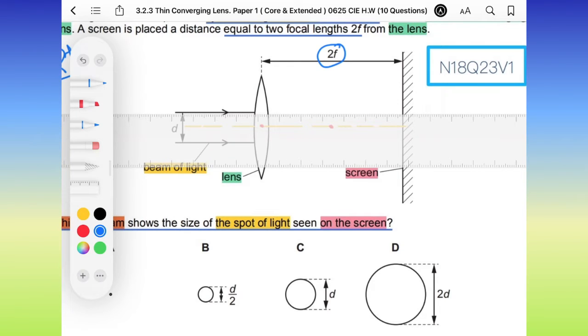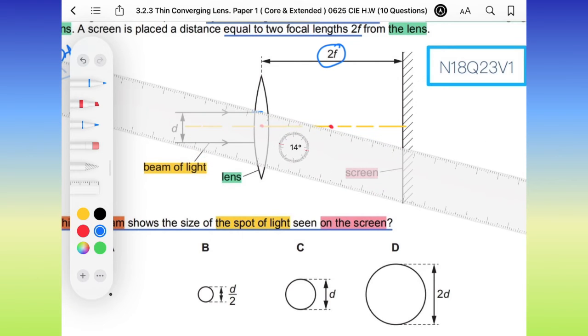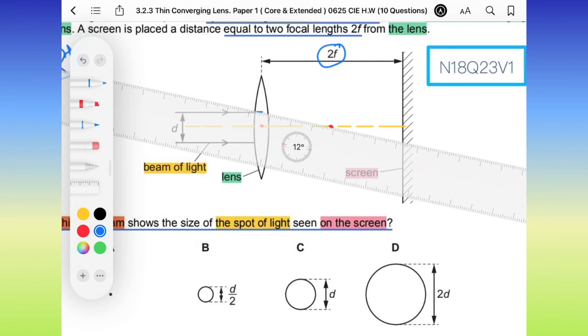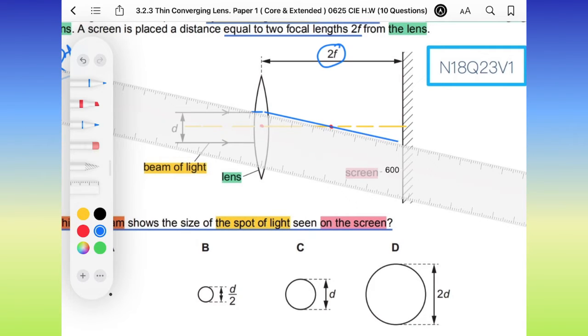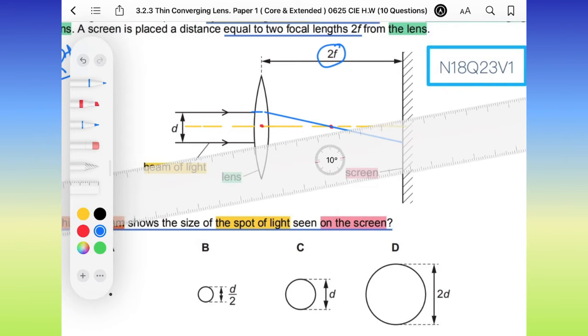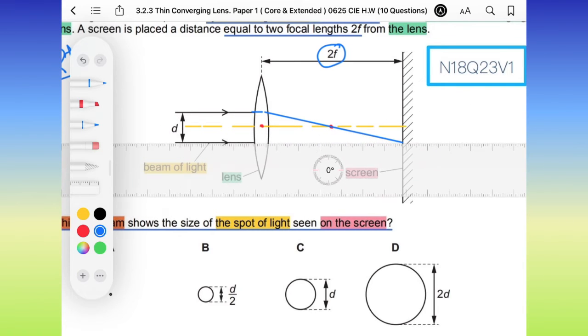Okay, the rays will continue and refract at the midline inside the lens, and they will refract through the focus since they are parallel to the principal axis.